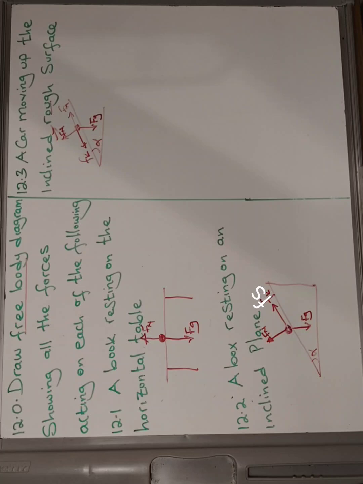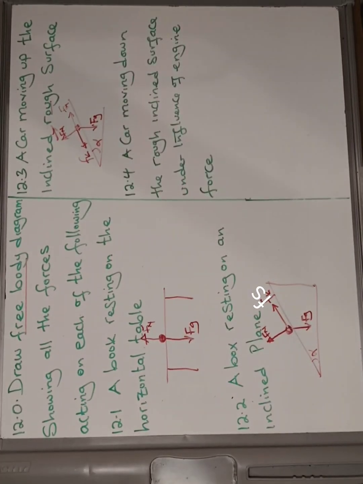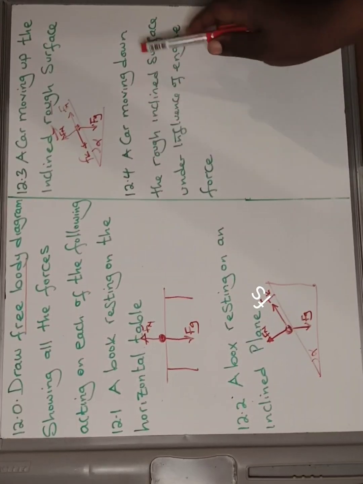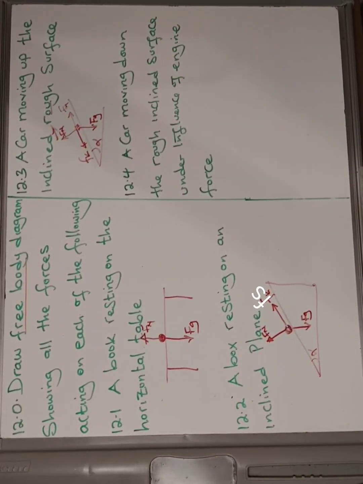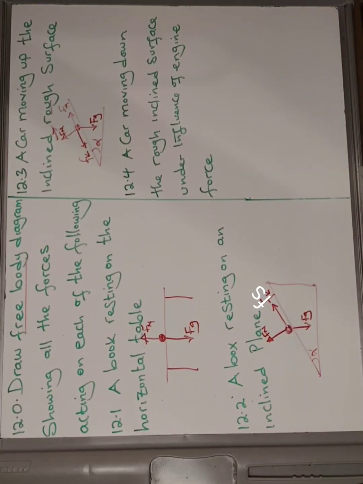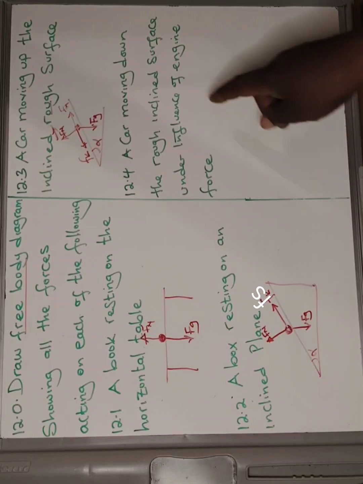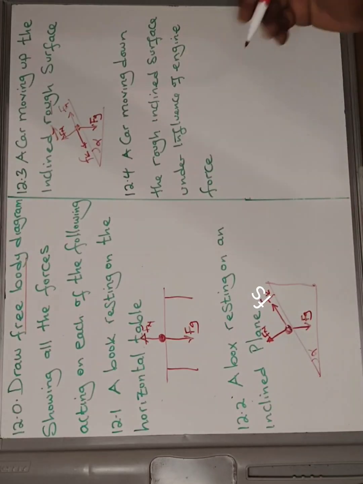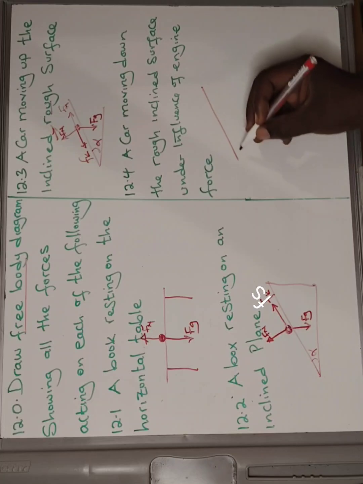So let us look at the next question. It says free body diagram of a car moving down the rough inclined surface under influence of engine. We brought in the influence of engine because a car can be moving down while coasting. Coasting means engine off, just moving under the influence of gravity. So when we put in the engine, it means that we are putting applied force. And what do we have here? The same scenario.